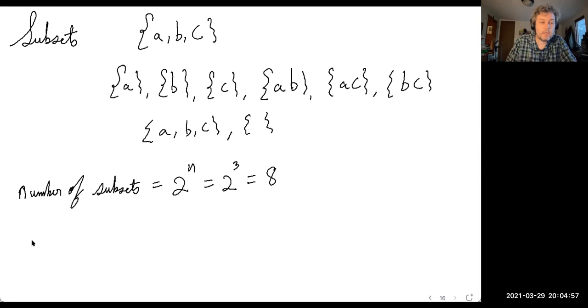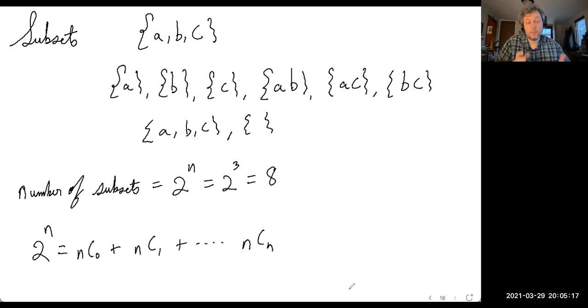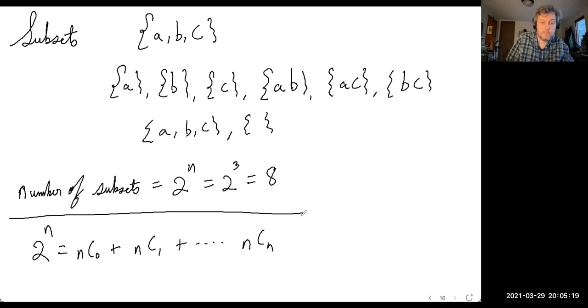But you can show that 2 to the n is the same thing as n choose 0 plus n choose 1 plus ... n choose n. Okay, that's where the formula comes from.